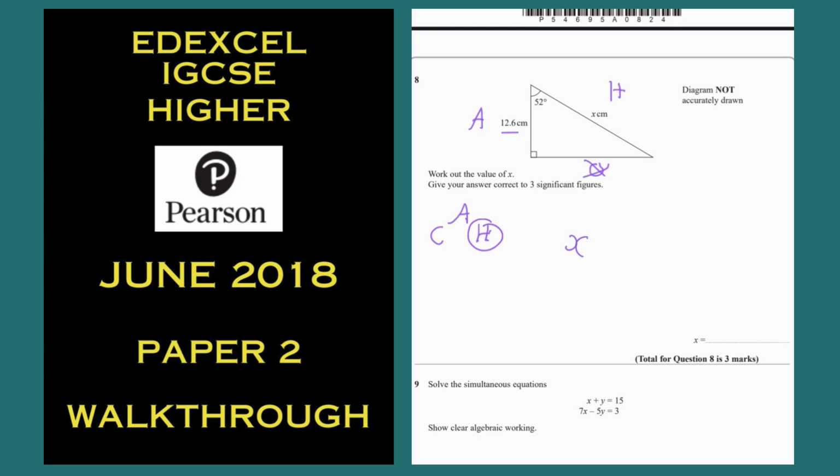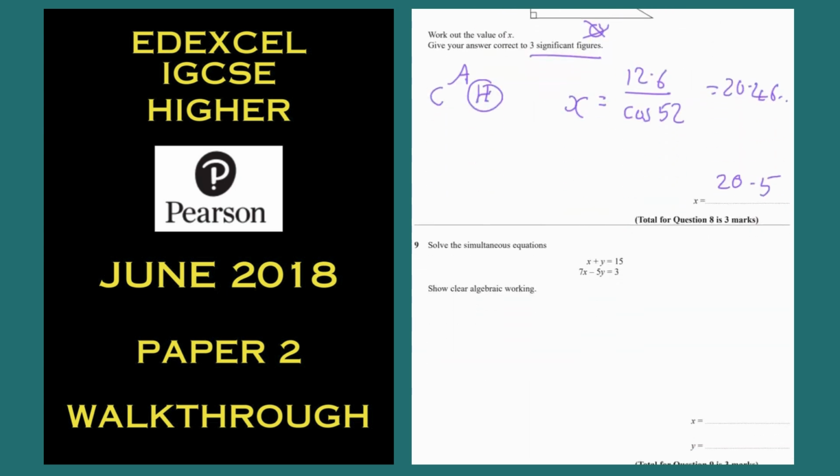It's A over H, so it's adjacent divides A over C, sorry. So it's 12.6 over cos of the angle 52. And I get 20.465. And so on.